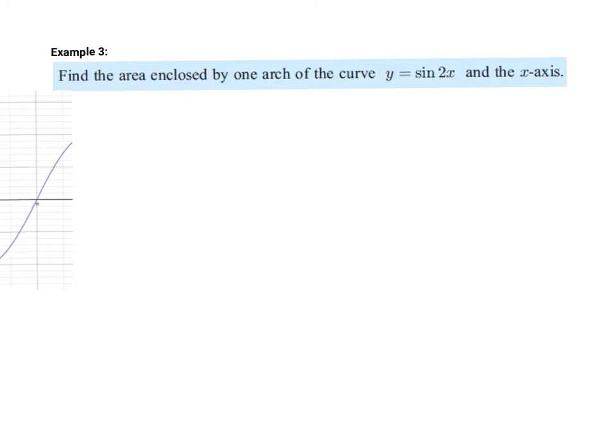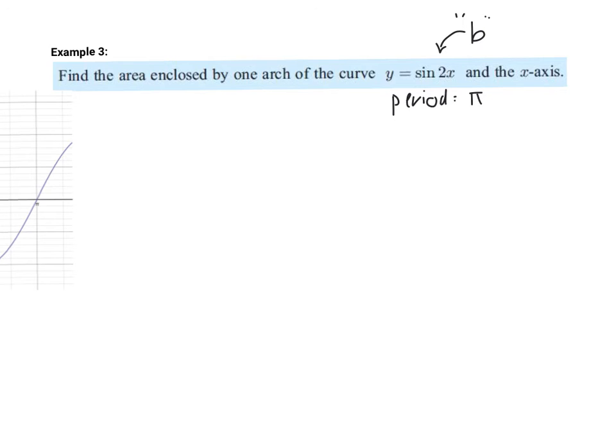Y equals sine 2x. We know that y equals sine x goes through the origin, and it moves in an upward direction, and its period is pi. If you remember this value, we called this the b value when we studied sine and cosine functions.